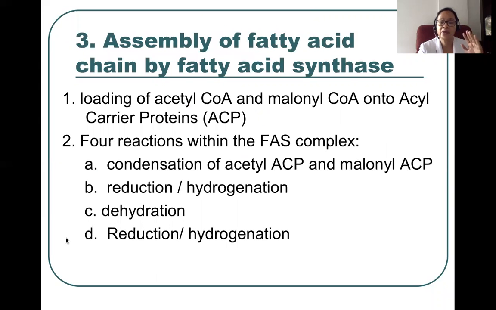Okay, so after we transported and carboxylated, let's go now to the assembly of the fatty acid chain by the 7 enzymes involved in the fatty acid synthase system. The first thing that will happen is the loading of acetyl-CoA and a molecule of malonyl coenzyme A onto acyl carrier proteins.